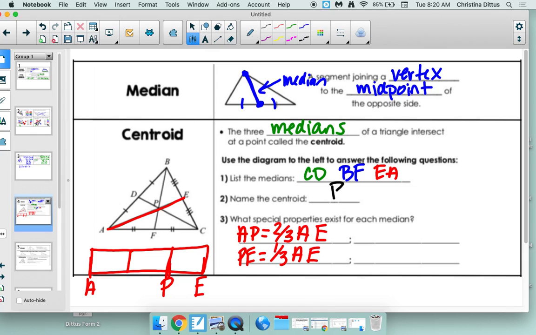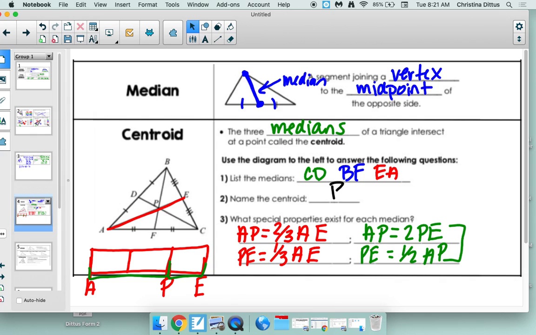And then you can also relate AP and PE. If I'm looking at AP in relation to PE, AP is twice as long as PE. And then you can write that the other way, that PE is half as long as AP. We don't use these two that much, but they are related.